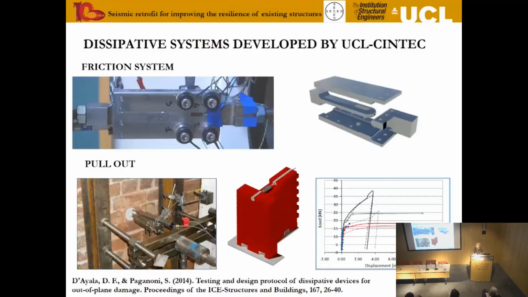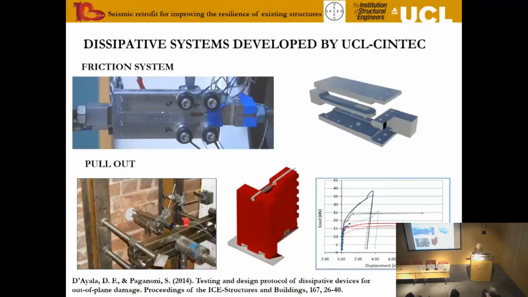So one of the active lines of research that we are pursuing at UCL is to look at dissipating devices that we can put in series with traditional or stainless steel anchors and based on friction. So here you can see how they would be fit at a T-junction between walls.